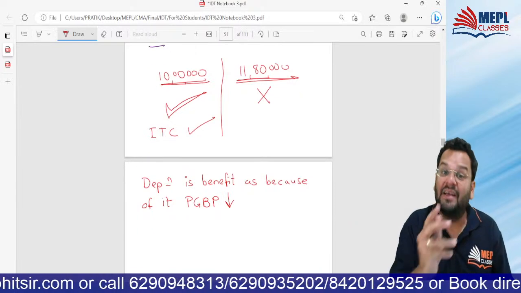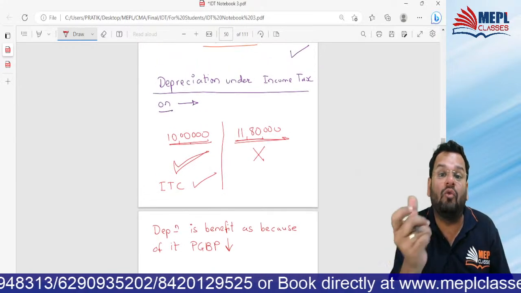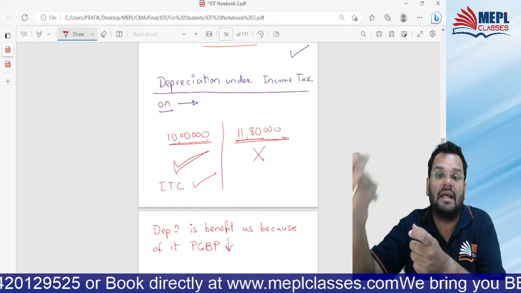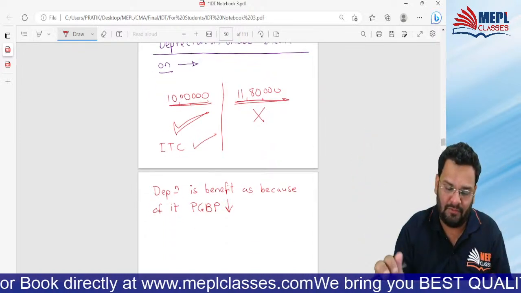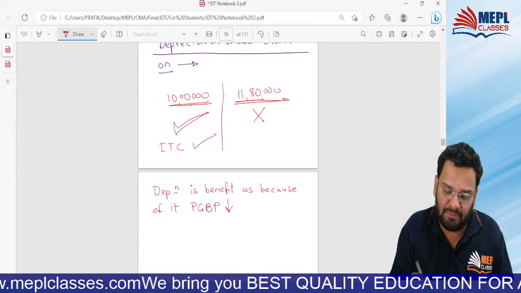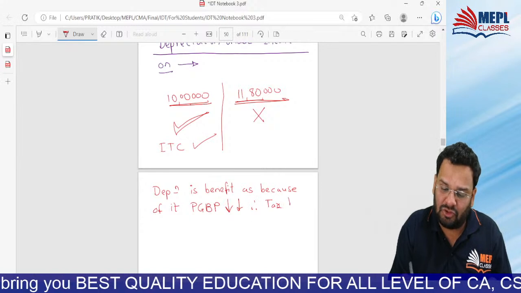Now guys, on what figure should that benefit be allowed? 10 lakhs or 11,80,000. Depreciation is a benefit because of which PGBP goes down. Therefore, tax also goes down.